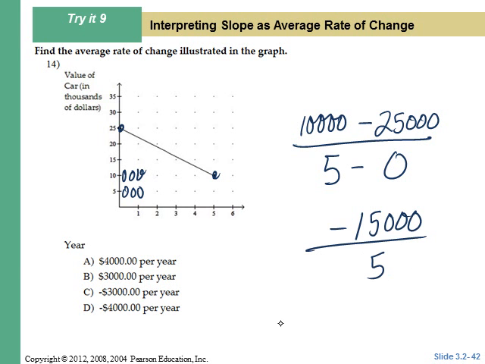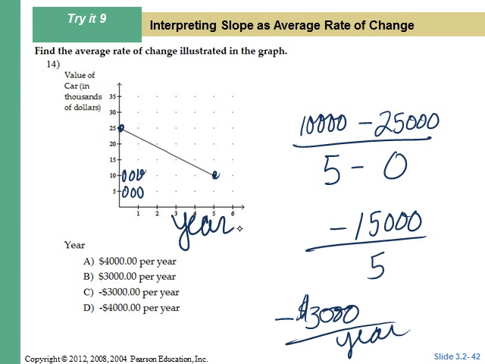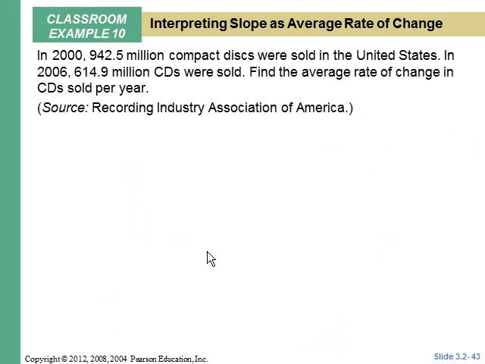Divided by 5 is negative $3,000 per year. Notice this is years, this is dollars, so we've got dollars per year. Slope is always the y over the x.